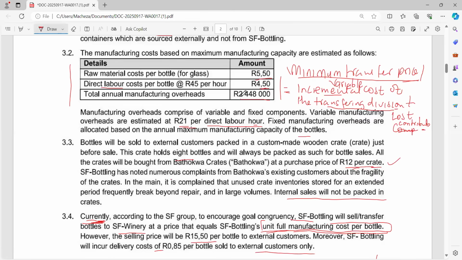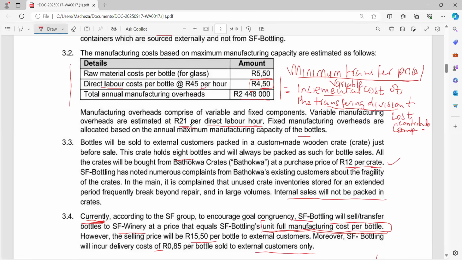This one is where your math comes in. Remember, they are saying 21 per direct labor hour. So R4.50 is applied based on 45 Rand per hour. If you want to see how many hours are here, we take our total divided by the rate per hour, then multiply by 21.